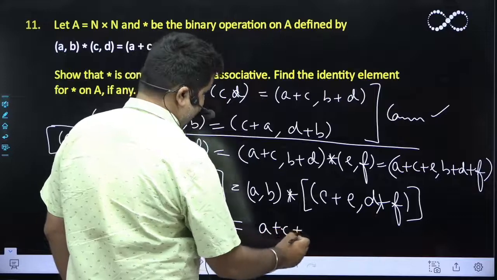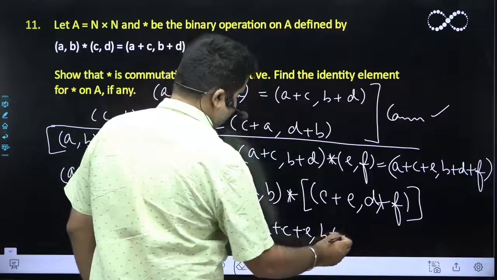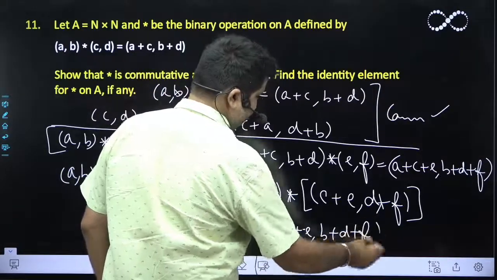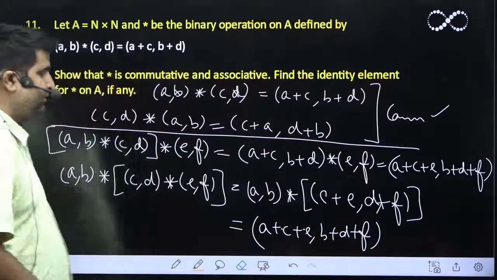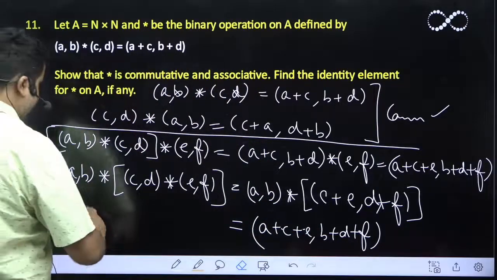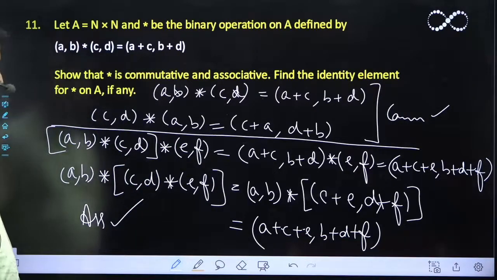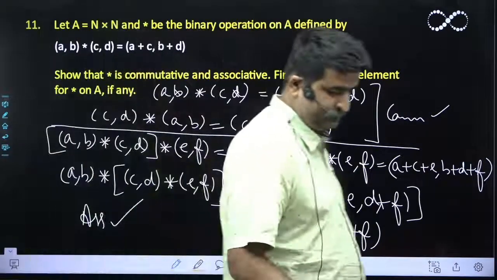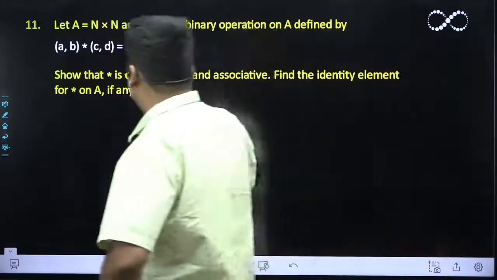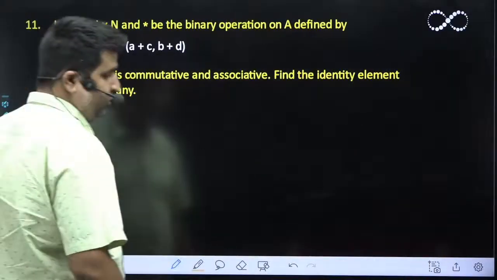A plus C plus E, B plus D plus F. Right? So this will be associative as well.